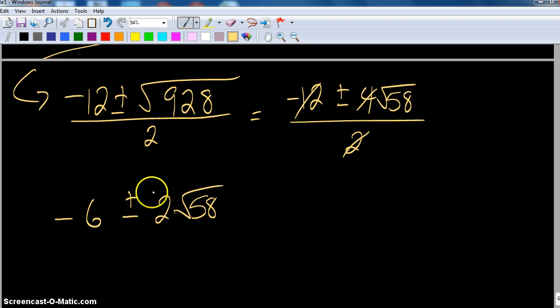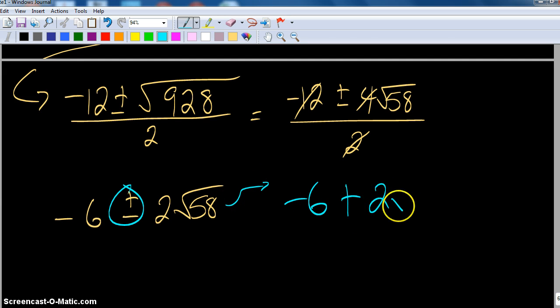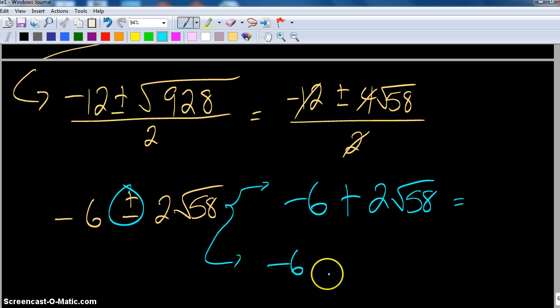Right? And now this sign right here means you have two answers. It means you have negative 6 plus 2 square root of 58. Put that on the calculator. And it means you have negative 6 minus 2 square root of 58.